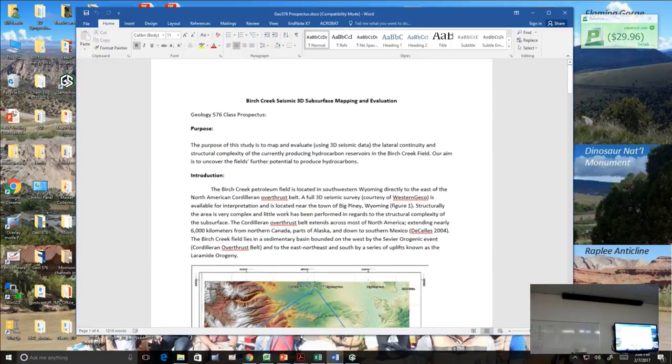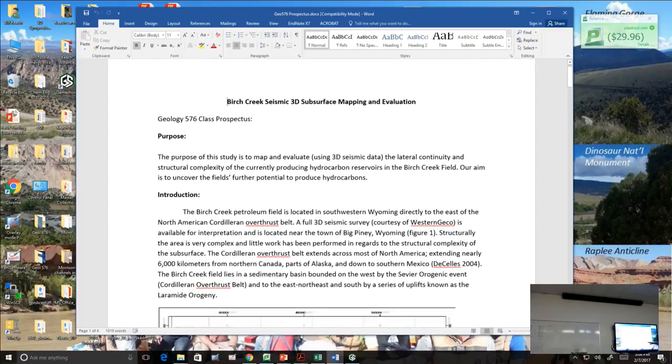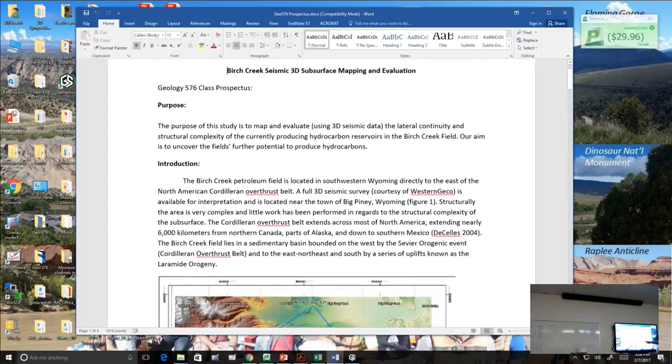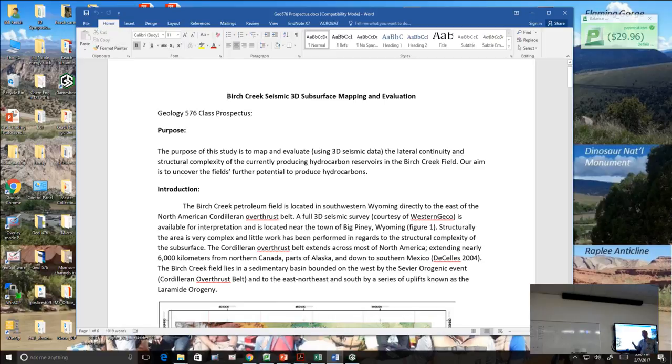So this is just a simple one that someone had written a couple of years ago. Maybe this is our prospectus for the class. We asked the class to work on that project from Wyoming called Birch Creek. And we asked them to go do a little bit of research to find out what they know and what they don't know about the field and the area. Okay?